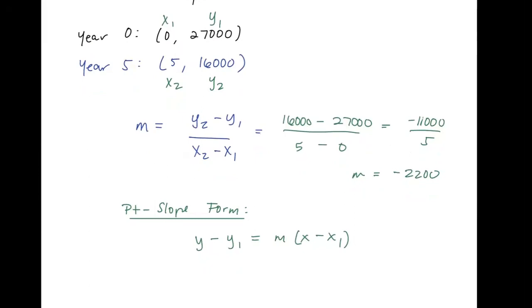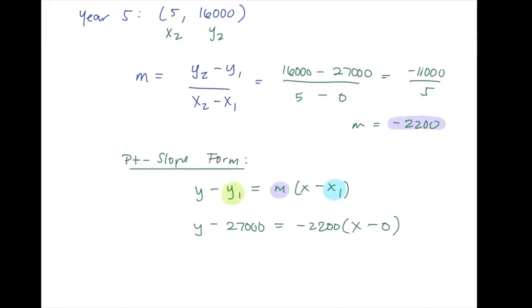And then the slope, we already know, is negative 2,200. So y minus 27,000 is equal to negative 2,200 times x minus 0. So y minus 27,000 is equal to negative 2,200x. And if I distribute this, 0 times anything is 0, so we don't write anything over here. Moving this to the other side, you're going to get y is equal to negative 2,200x plus 27,000.